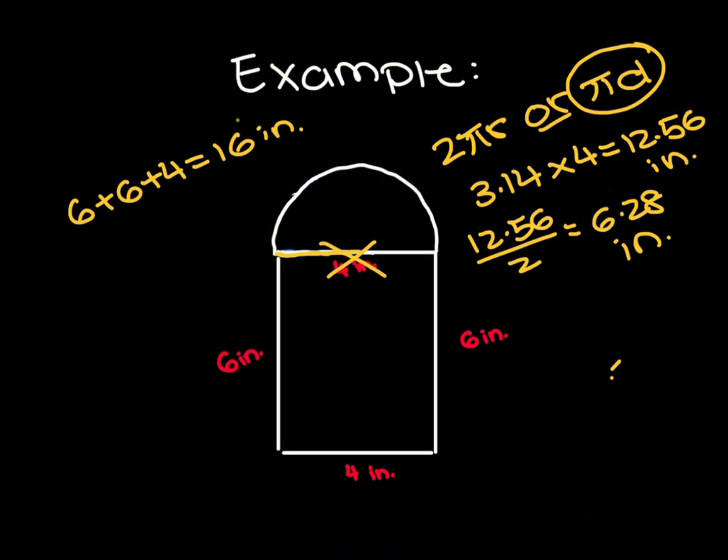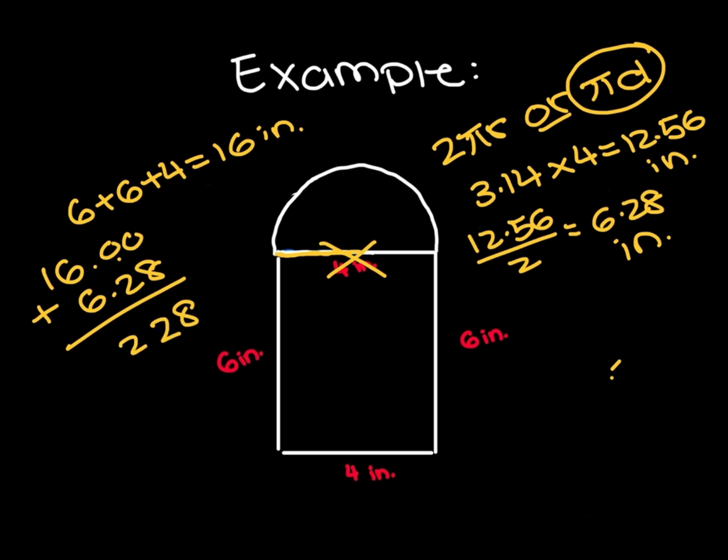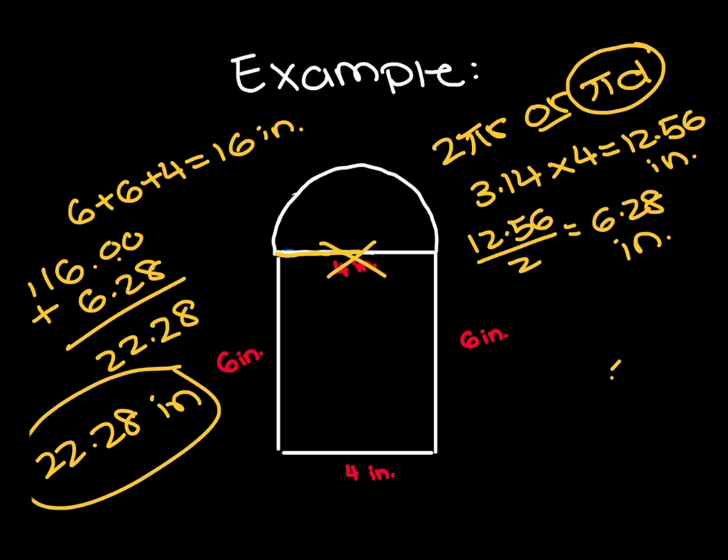So then, since we have 16 right here and 6.28, we just have to add them together. So 16 plus 6.28, 0 plus 8 is 8, 0 plus 2 is 2, 6 plus 6 is 12, 1 plus 1 is 2. And that gets you the final answer of 22.28 inches for the perimeter of the figure.